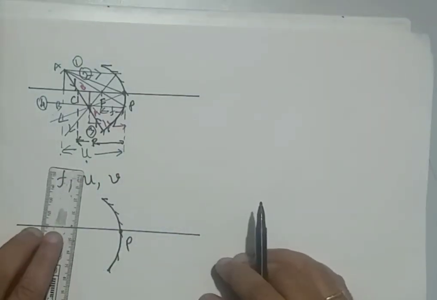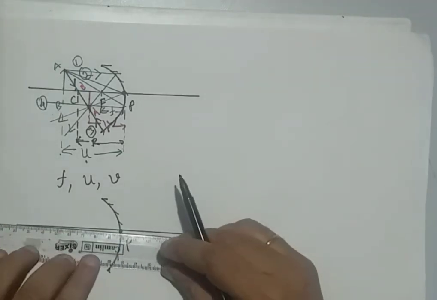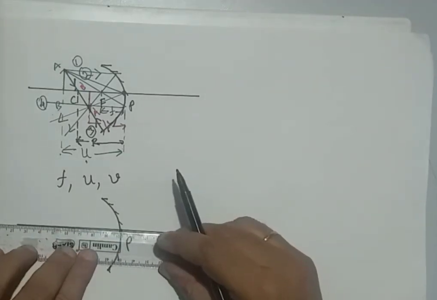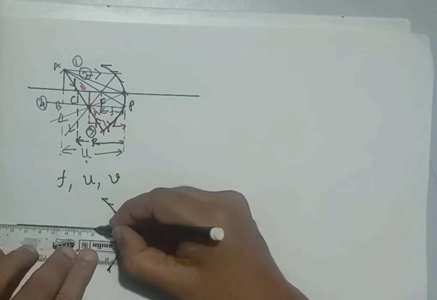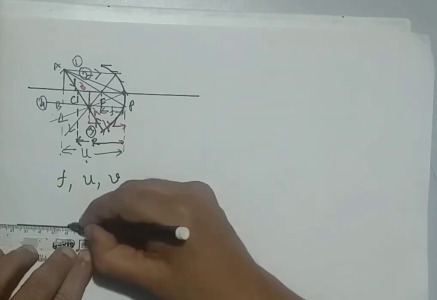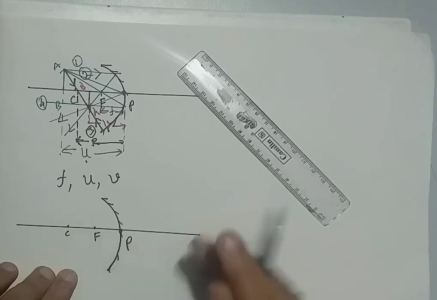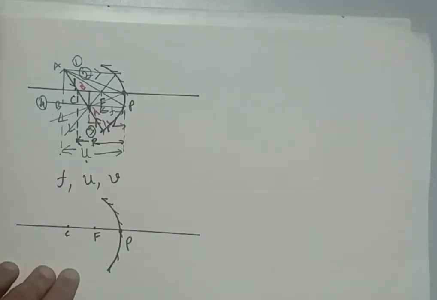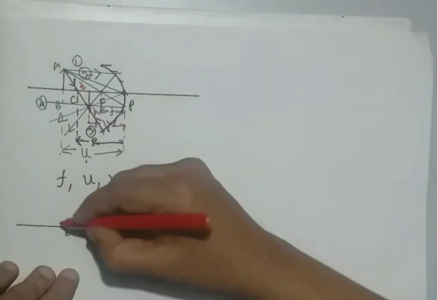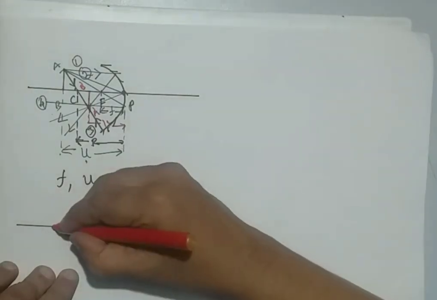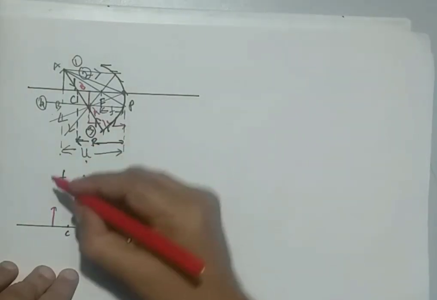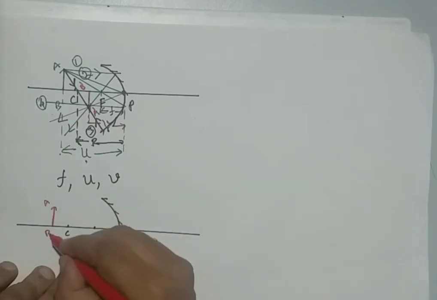Now I mark focus and the center of curvature. Say this is center of curvature, this is focus, F. Now I draw the object AB. This is the object AB.